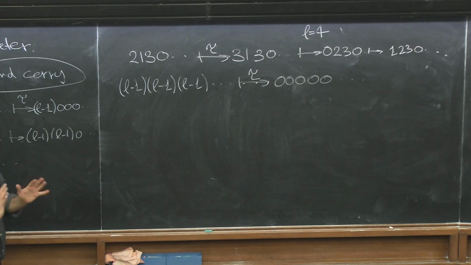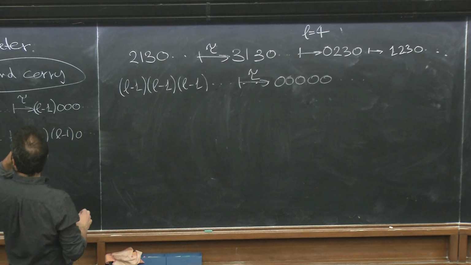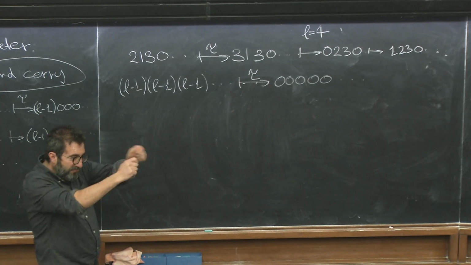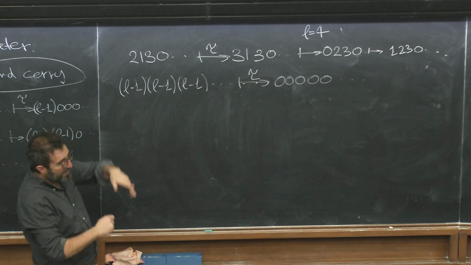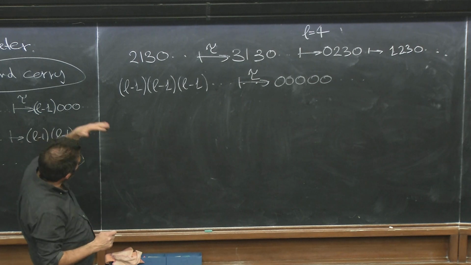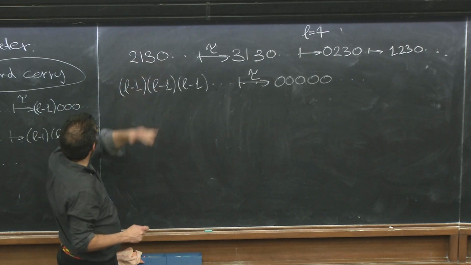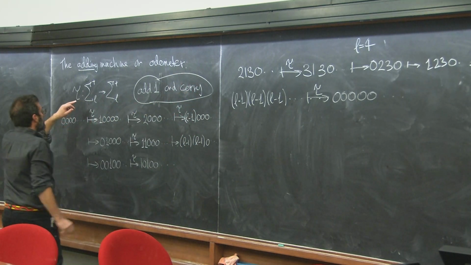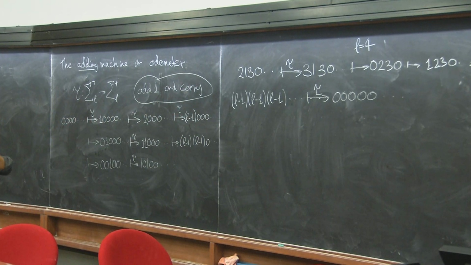So this gives a well-defined map. I give the formal definitions of all the cases in the notes, but it's even more difficult than just seeing this, that that's what you do. This is the operation add 1 and carry, and this is the map.